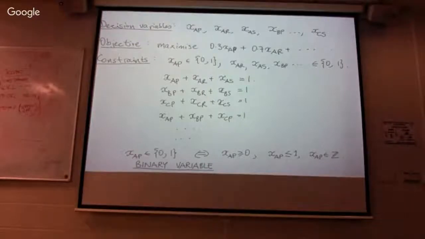Okay, there are 2 kinds of algorithms for solving integer programs. Well, 3 kinds really, because there are 2 basic kinds, and then one which is created as a combination of the 2.